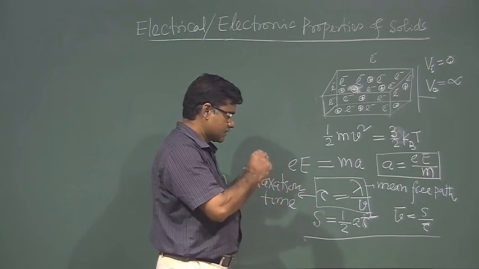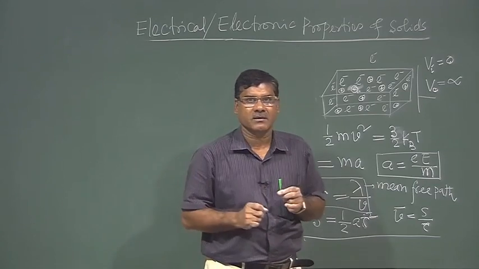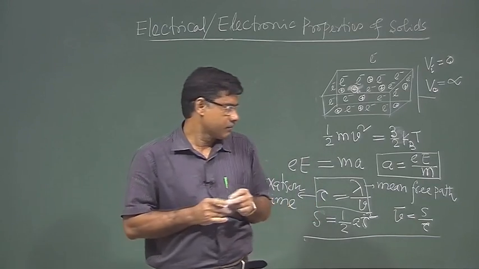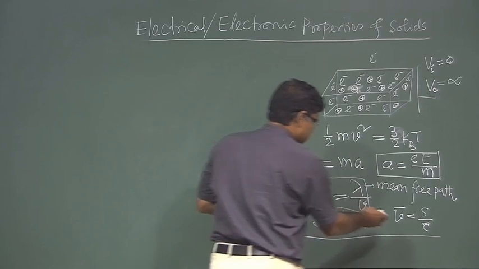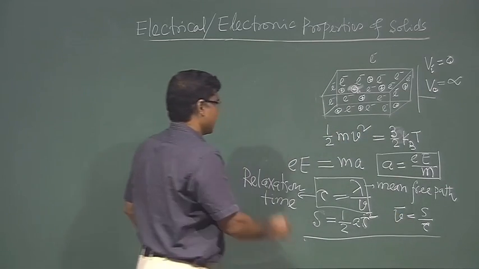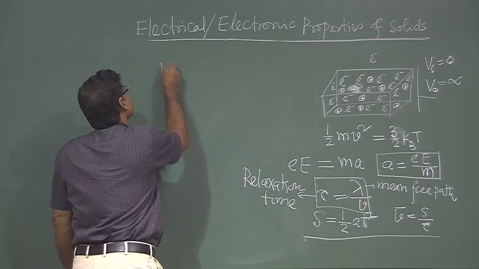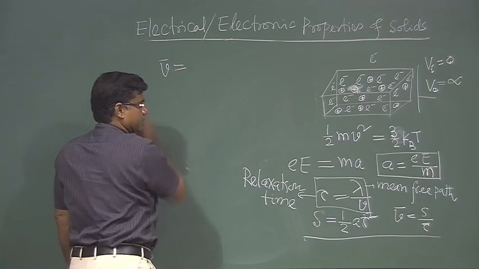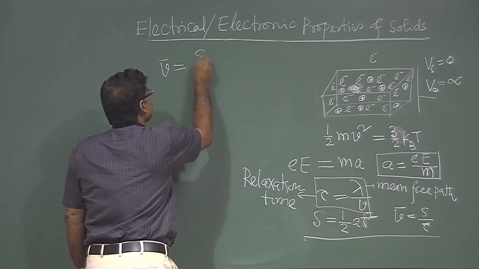It is along the direction of the electric field. So, drift velocity v bar equals s by tau.